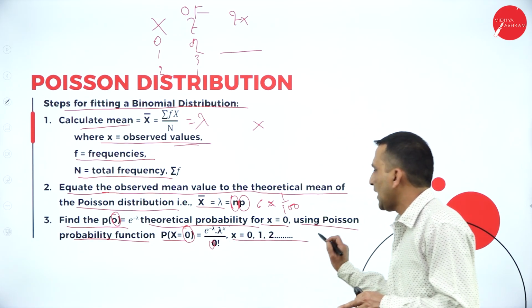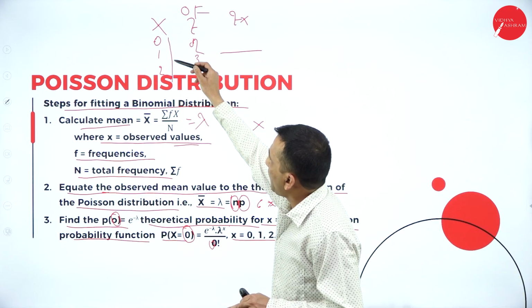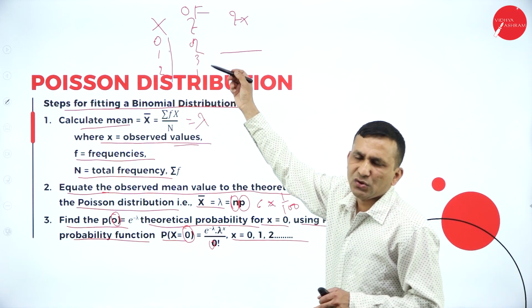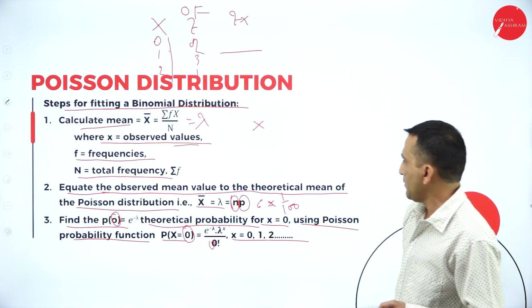This is your Poisson variate: 0, 1, 2, 3, till the last number.